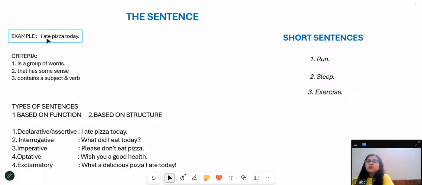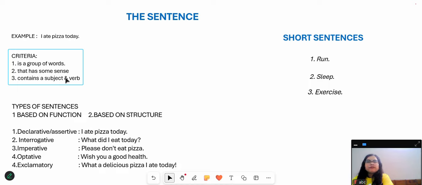For those who do not understand what the subject is, I must tell you that a subject is the doer of an action, or something or someone which is being talked about. So I is being talked about and is also the doer of an action.